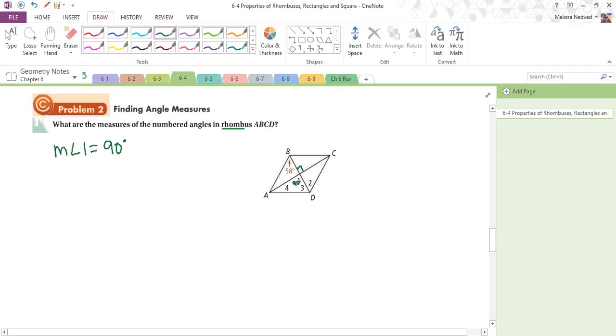Okay. Now remember what we talked about when we looked at the angle bisectors. Since BD is a diagonal, it's cutting this angle in half, which means this angle here is also 58 degrees. And we said since we know opposite angles are congruent in a parallelogram, it's also made 2 and 3 congruent to these top angles with angle B. So angle 2 and angle 3 are also 58 degrees.